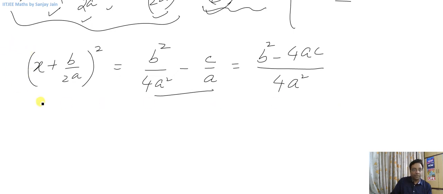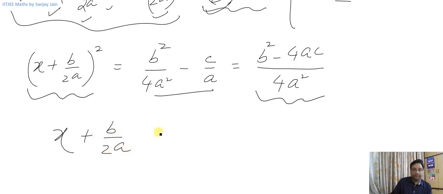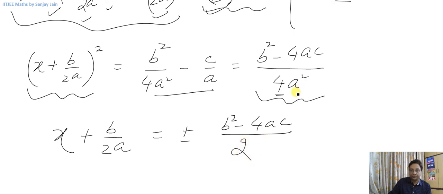now so if x plus b by 2a whole square is equal to b square minus 4ac by 4a square, if I take the square root, what I can say about x plus b by 2a, it will be equal to plus minus, this 4 will become 2 and this a square will become a, and b square minus 4ac you have to write in square root, right? So the right hand side will become square root of b square minus 4ac divided by 2a, right?